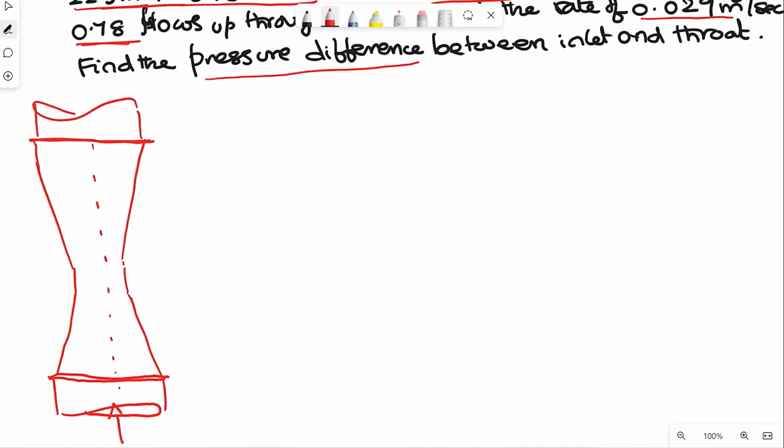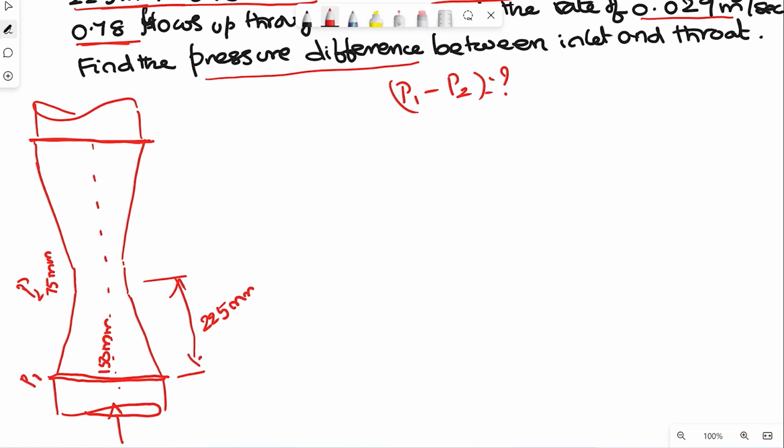So it is flowing like this. The vertical distance between the inlet and throat is given as 225 mm. The inlet diameter is 150 mm and the throat diameter is 75 mm. So the question is, if P1 is the pressure here and P2 is the pressure at the throat, what is P1 minus P2?